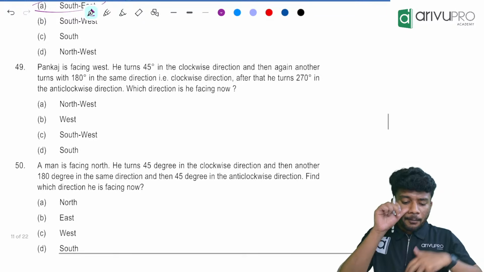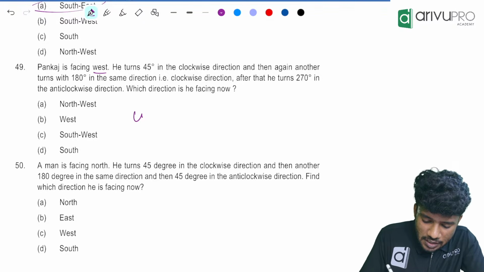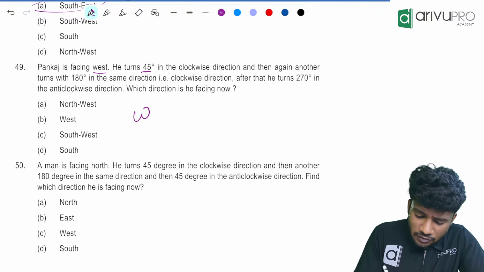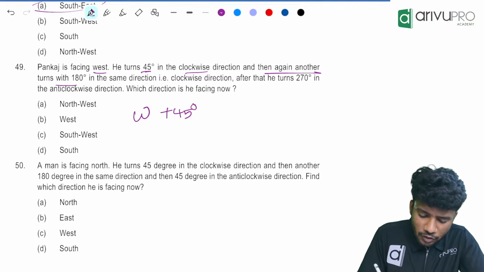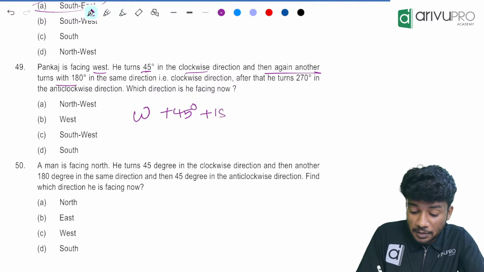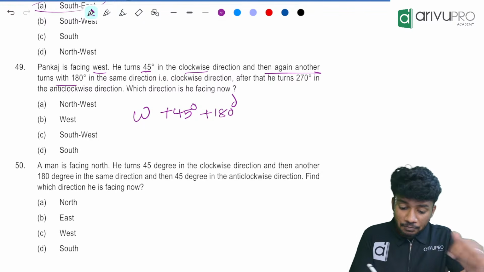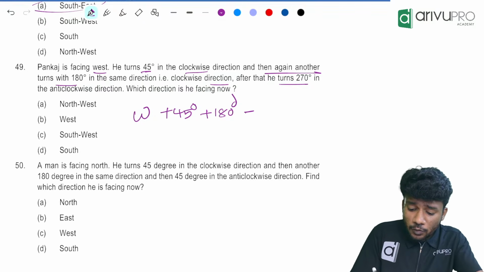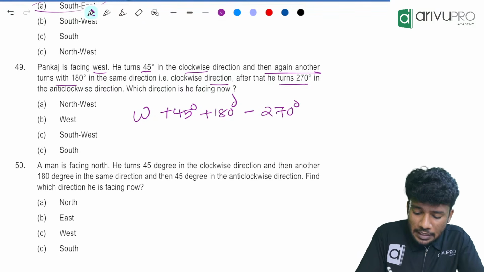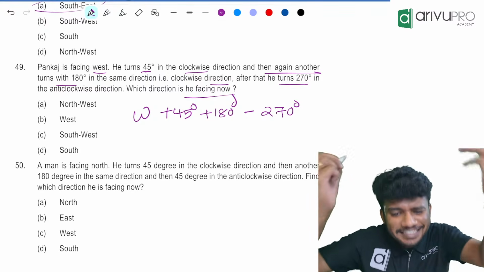Southeast. Now Pankaj is facing west. Initial direction is west. He turns 45 degree in the clockwise. That means plus 45 degree. Then again another 180 degree in the same direction. That means plus 180 degree. Then people, after that he turned 270 degree in the anti-clockwise. That means minus 270 degree. Which direction is he facing? Now another easy question, people.